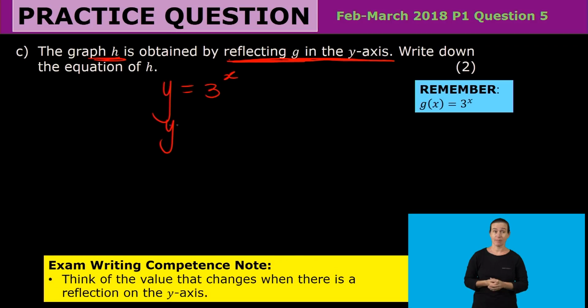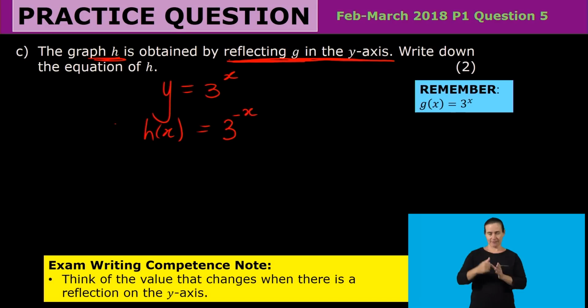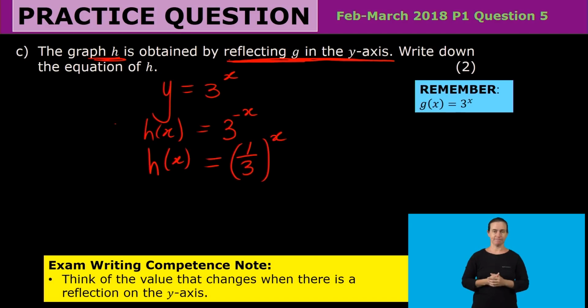Because we are reflecting, the graph of h is going to be 3 to the exponent of negative x. That would be the equation of h of x. You can leave it like that, or you can use your exponential laws and write it as 1 over 3, all to the exponent x. So that is the equation of h.